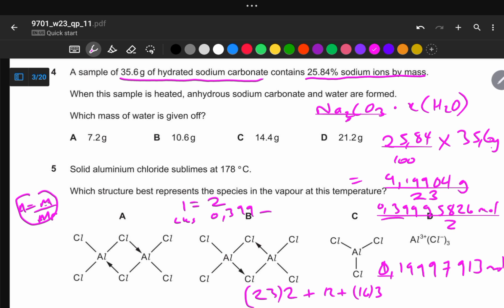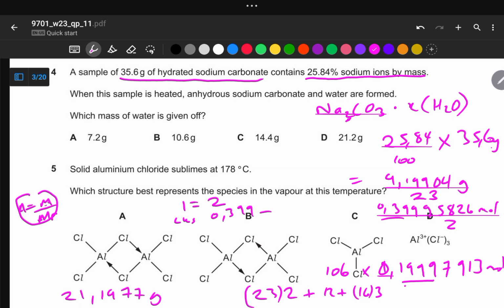This one will give us 106, right? So we multiply this number of moles by 106 to give us the mass. We are going to have 21.1977 grams as the mass of sodium carbonate.